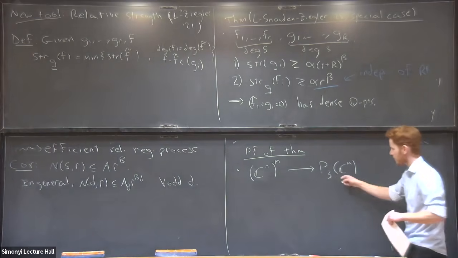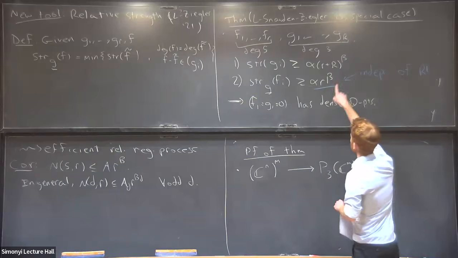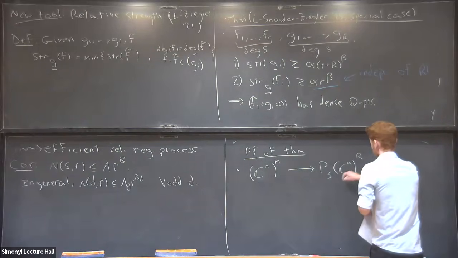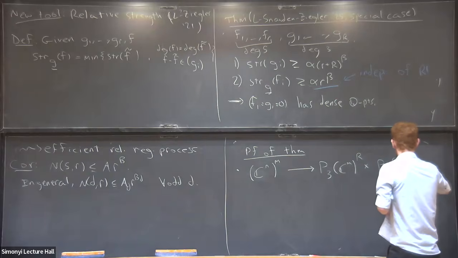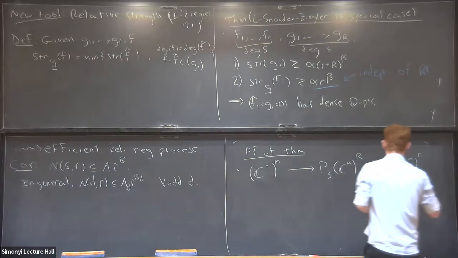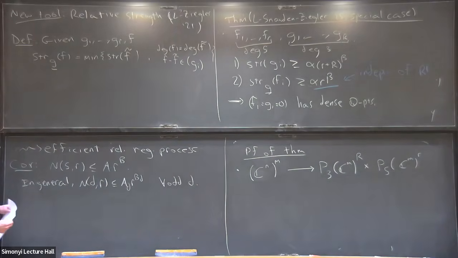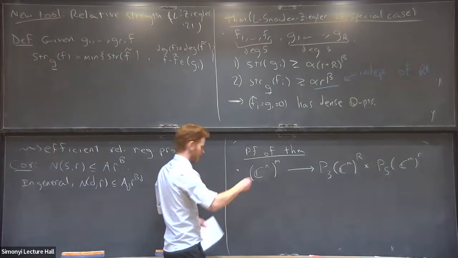Here I'm using this notation for r cubic forms in m variables. This restriction map was implicitly showing up already in Birch's argument.